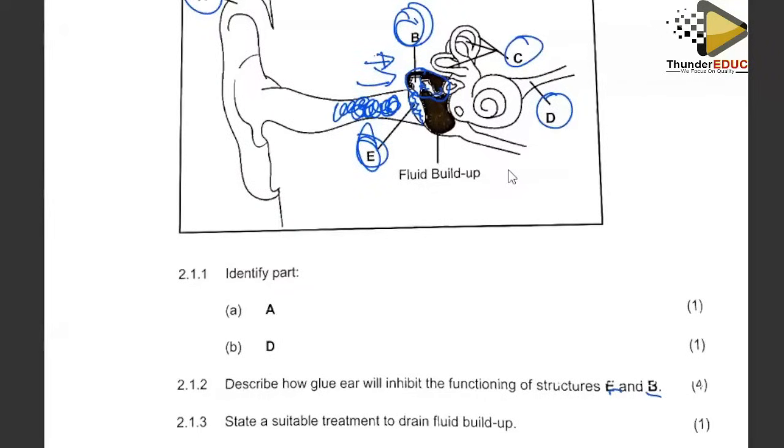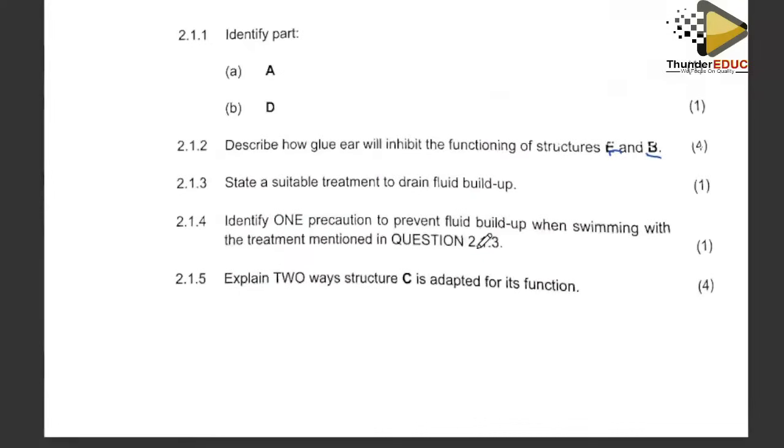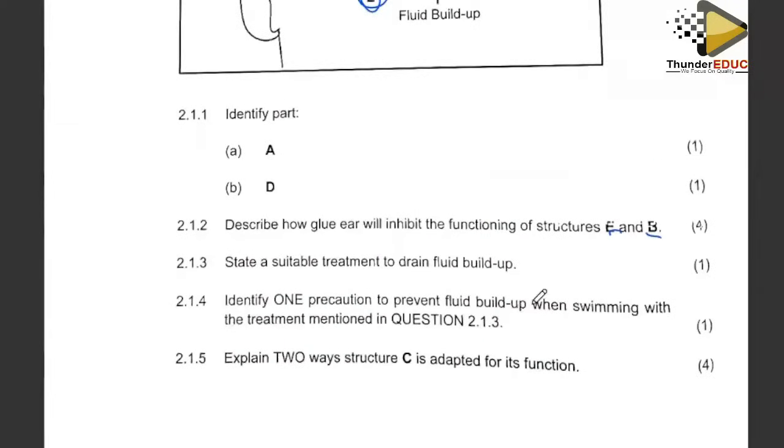Less vibration of the tympanic membrane, less vibration of the ossicles, so less vibration will be passed into the inner ear. And then it will lead to hearing loss. You will have problems with hearing. So you'll become deaf.